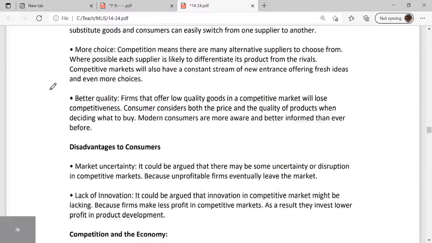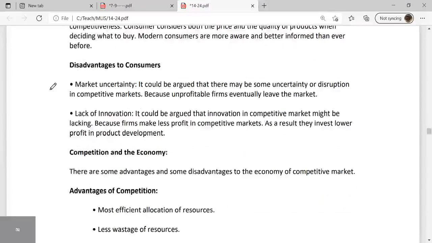All of them are very beneficial for the customers, but at the same time there will be disadvantages. The market will become more uncertain, and there will be a lack of innovation.